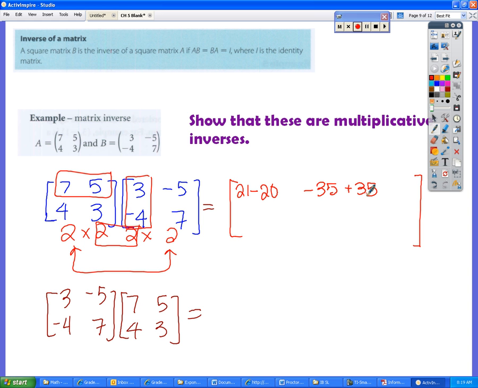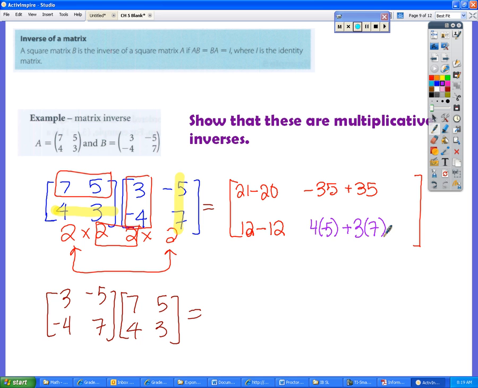And then the second row, first column would give me 12 minus 12. And then the second row, second column. And just in case you are lost, I'm going to highlight. So what I'm doing for this one, I'll show my steps. I am taking the 4, multiplying by negative 5, and then adding the 3 multiplied by 7.